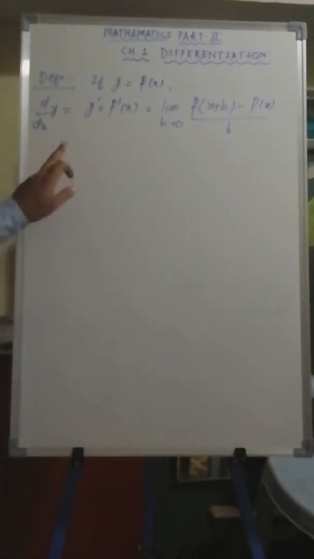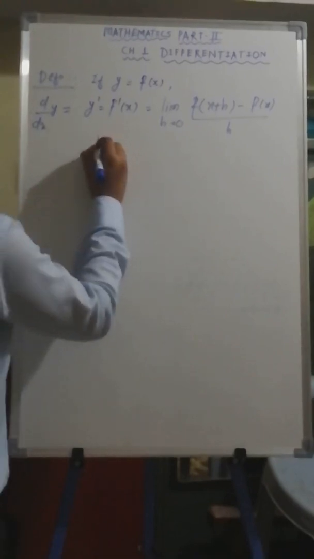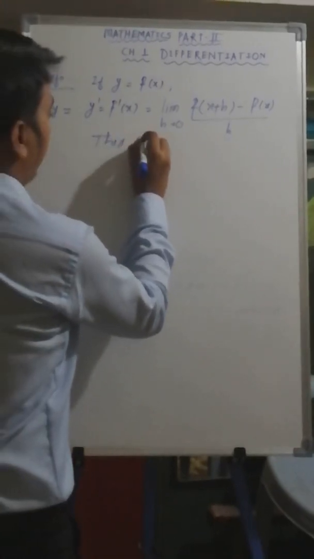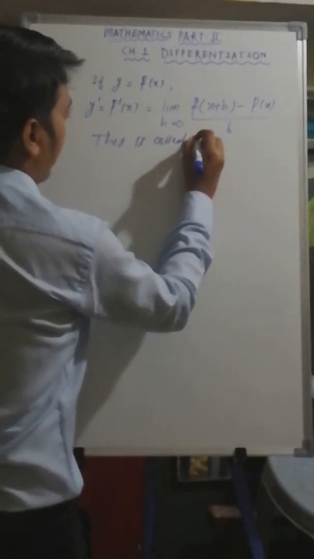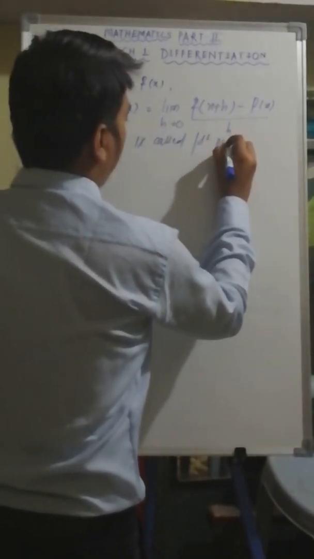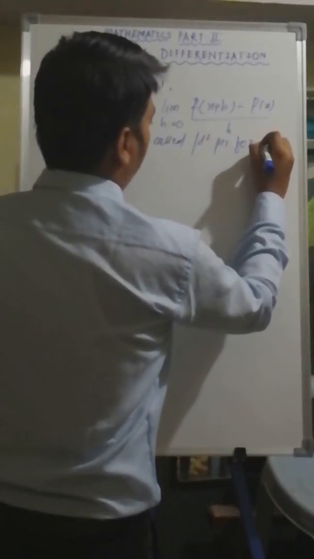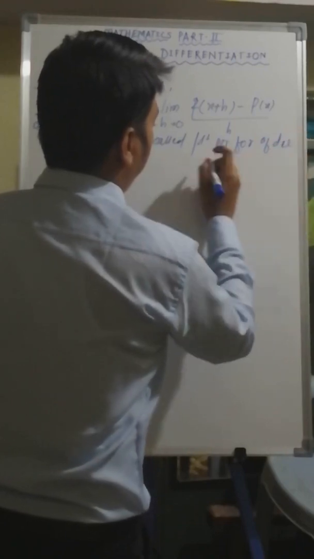So this is called the first principle formula of derivative.